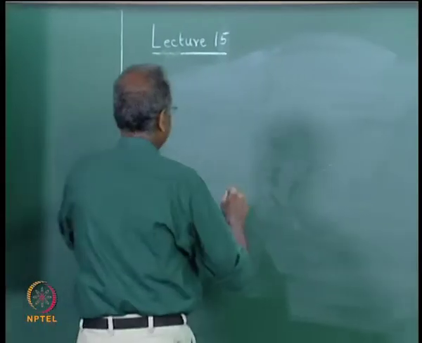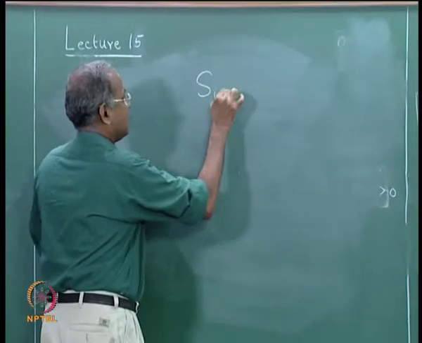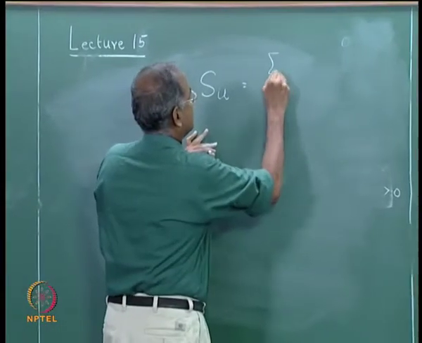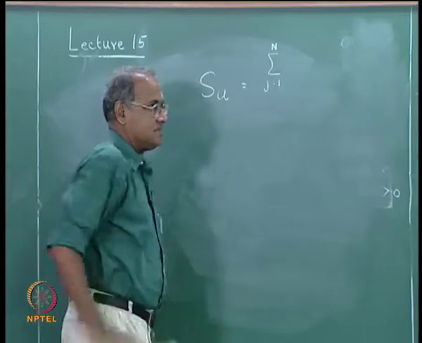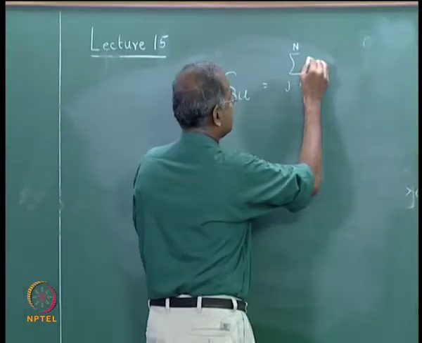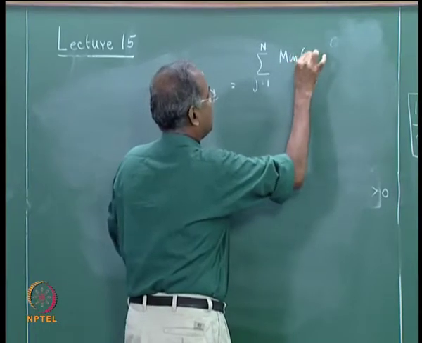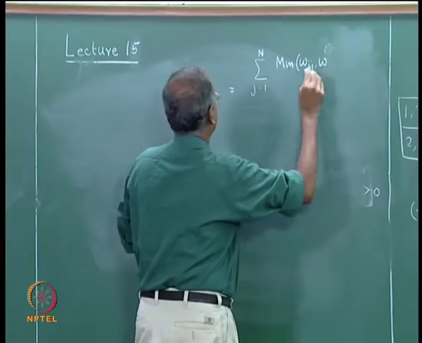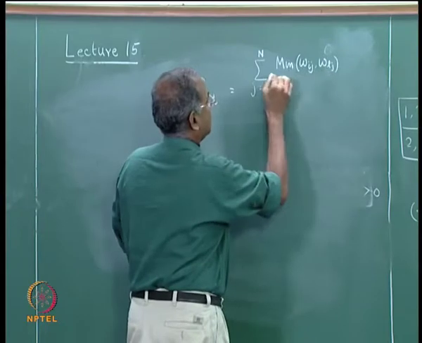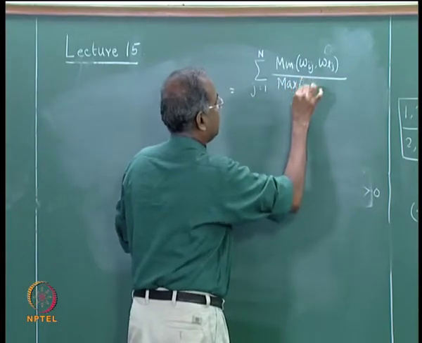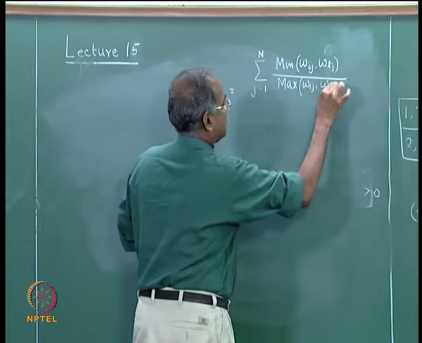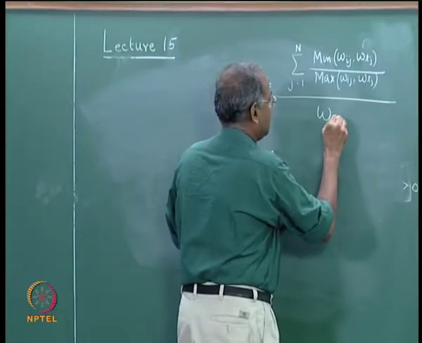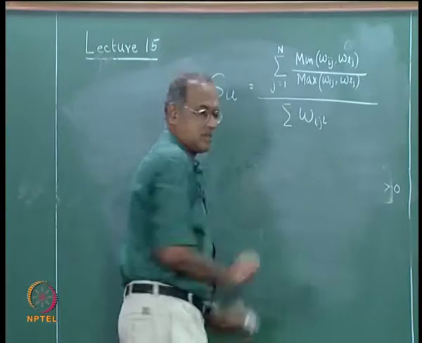The similarity coefficient between machines i and l is given by the summation over j equal to 1 to n, number of parts, of the minimum of Wij, Wlj by the maximum of Wij, Wlj, divided by the summation of Wijl.